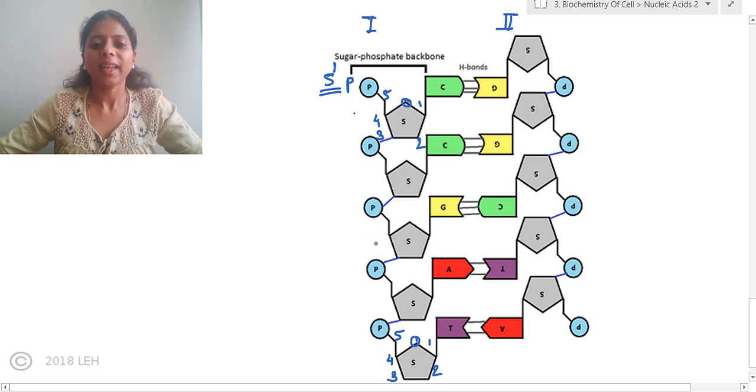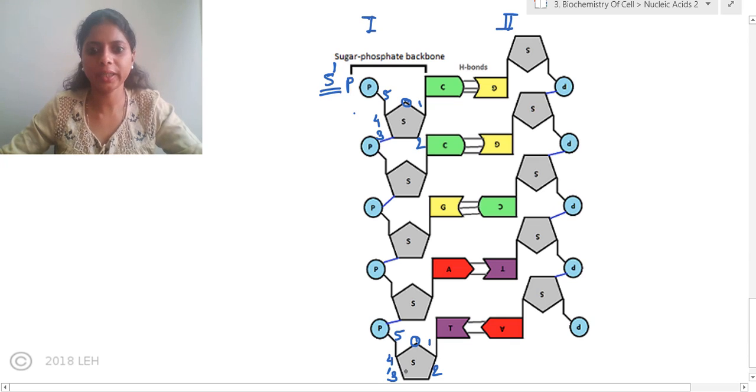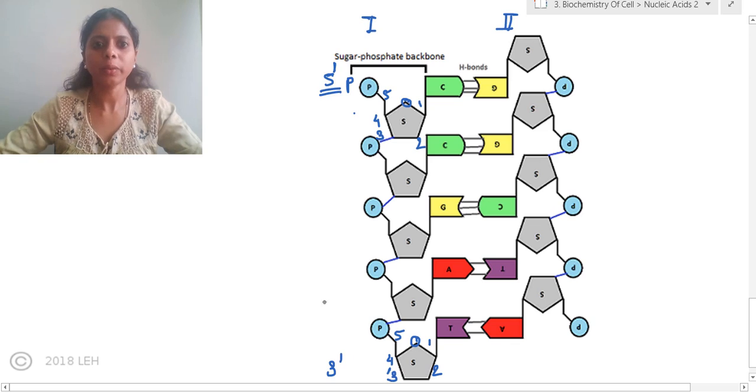And this strand ends at the third carbon, because this third carbon is free over here. The phosphate group is not attached. So the strand starts at 5' and ends at 3'. So the running of this first strand is 5' to 3'.